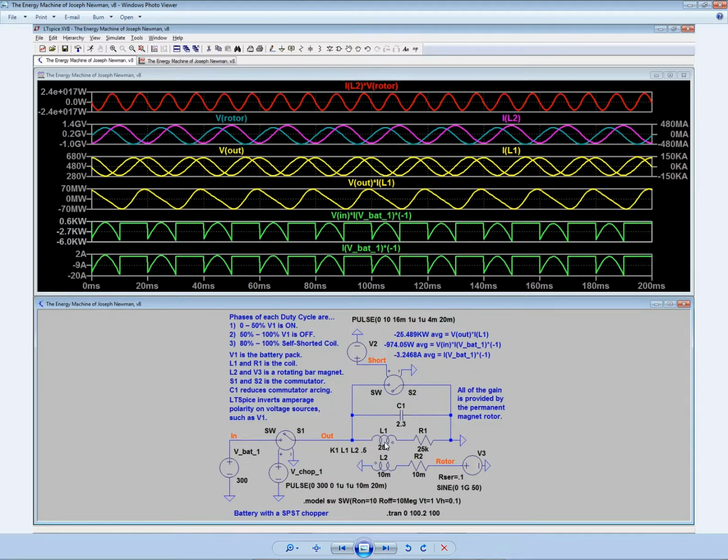So the mass of copper in the coil does have to be large because the coil is acting as a receiving antenna, and the rotating bar magnet is acting as a transmitting antenna of sorts.